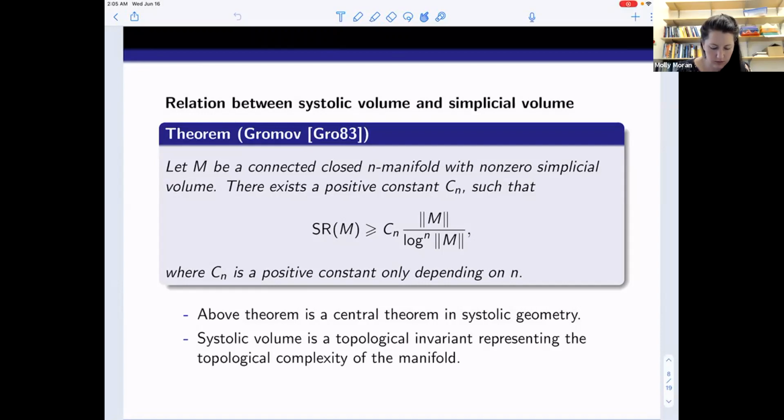The simplicial volume is a lower bound of the triangulation complexity. From this theorem, we see if the manifold is more complicated in topology, then the systolic volume should be large enough.